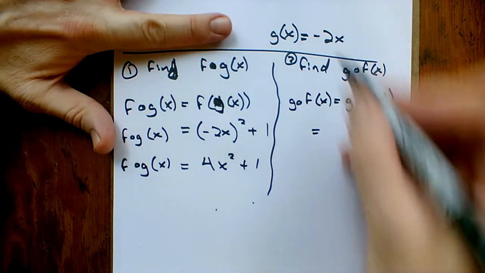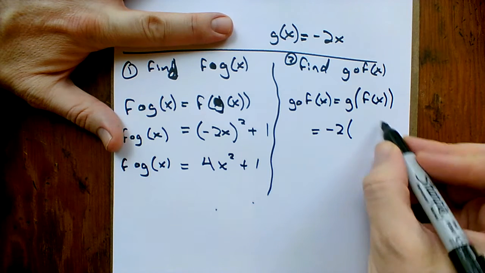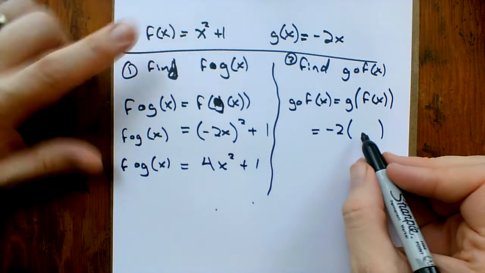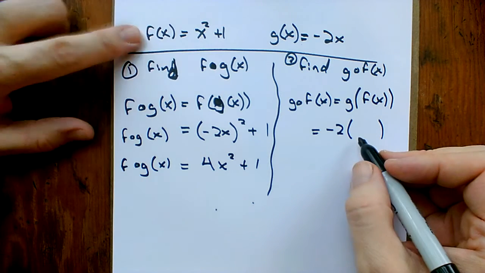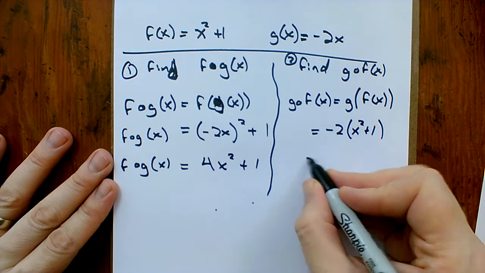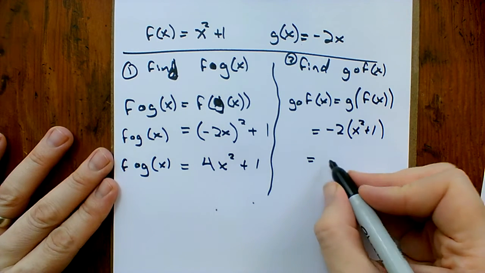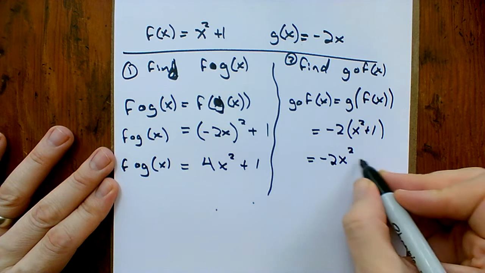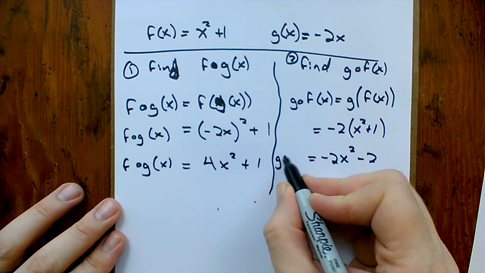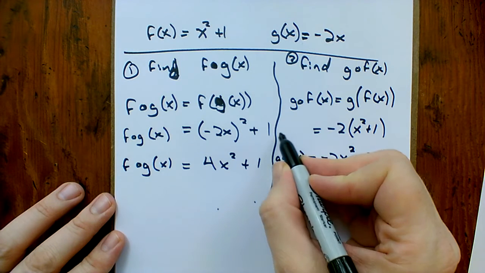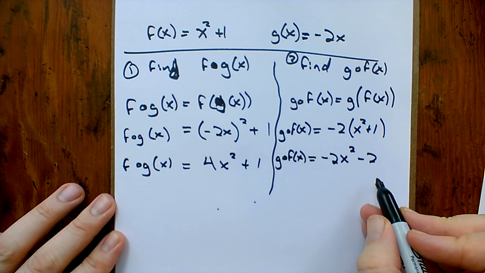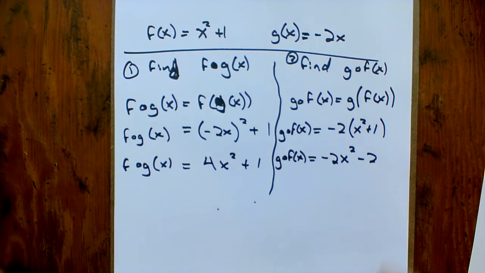So for my g of x, this is negative 2 times whatever this is, except this time we're going to be putting in our expression for f of x, which is x squared plus 1. So for my g of f of x, this is negative 2 times x squared plus 1, which is negative 2x squared minus 2. Now I want you to notice these two things are not the same. There are some very specific things that they will be the same for, but this is not the one.